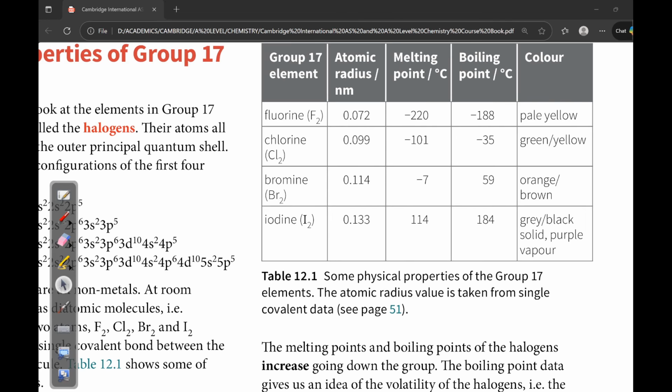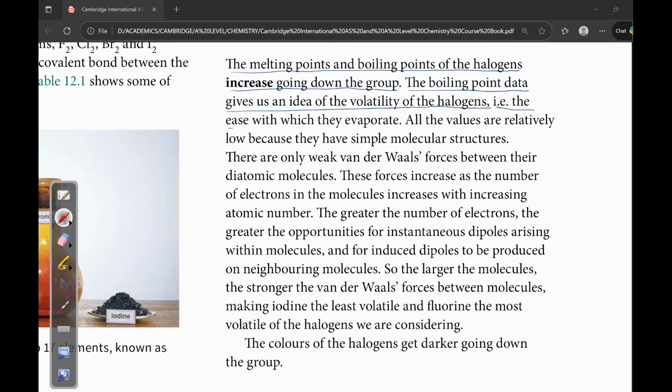But now look at the explanation here. They are saying the melting points and boiling points of halogens increase down the group. The boiling point data gives us an idea of the volatility of the halogens, i.e., the ease with which they evaporate. Actually, I was talking about melting point, but this is boiling point.